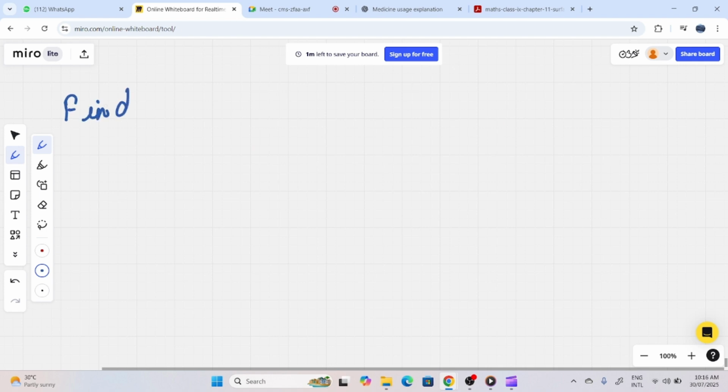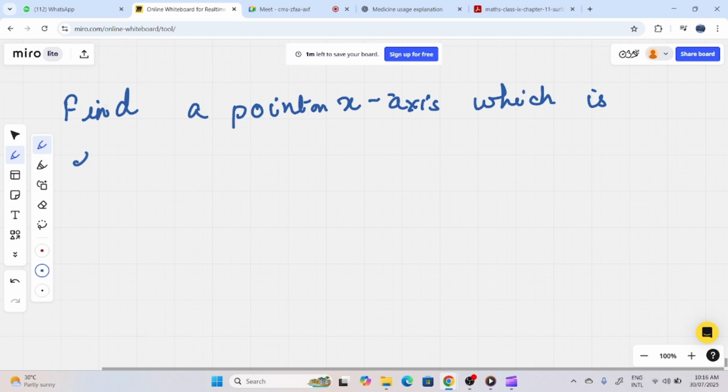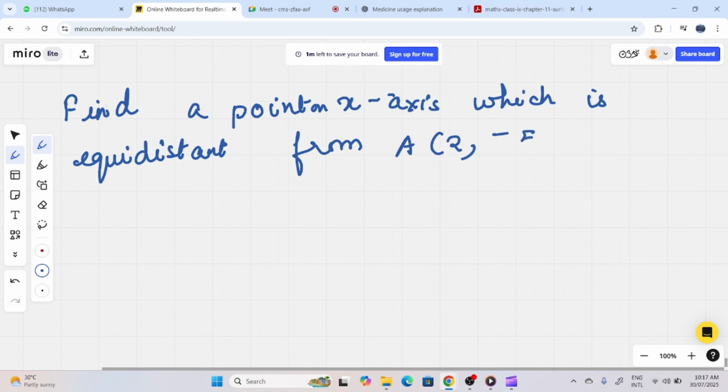You just have to write this in the box: equidistant is not midpoint. Do this.